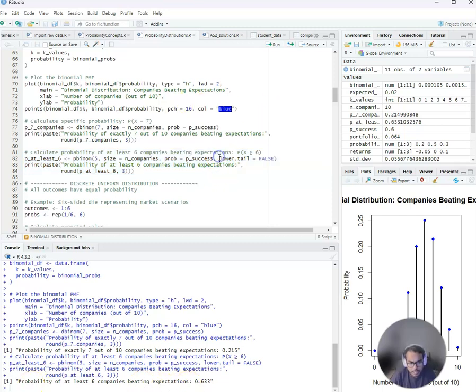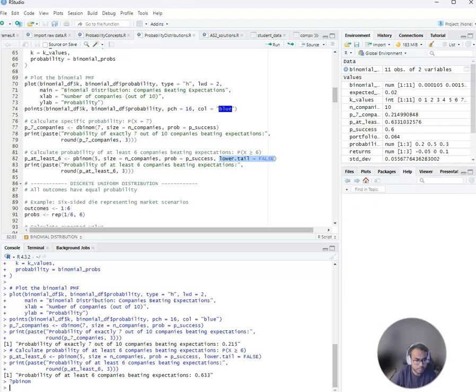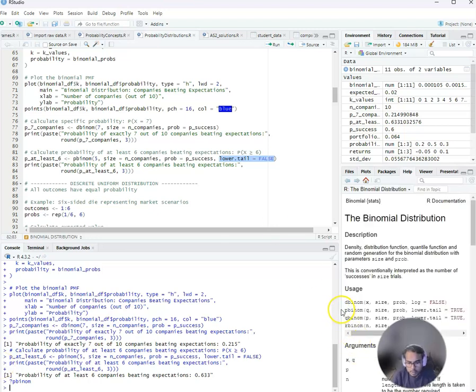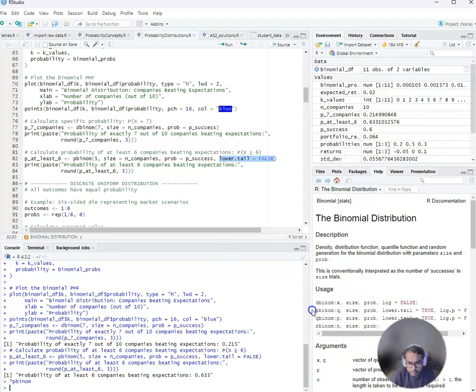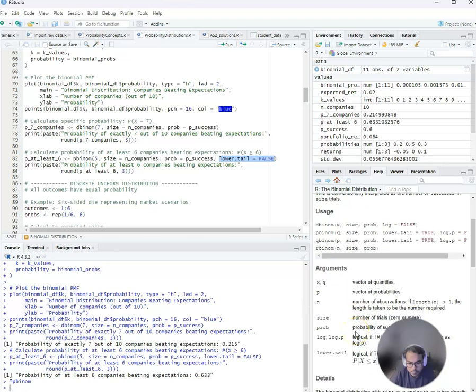Let's spend a little time on what this means. So let's look at the documentation. What lower.tail does is that it takes a logical entry.